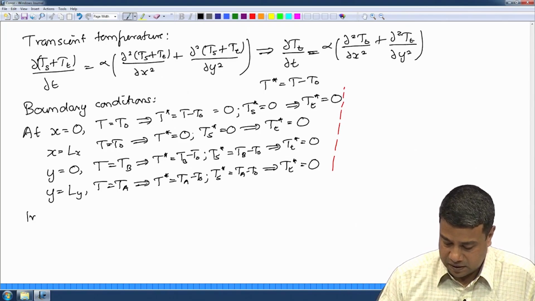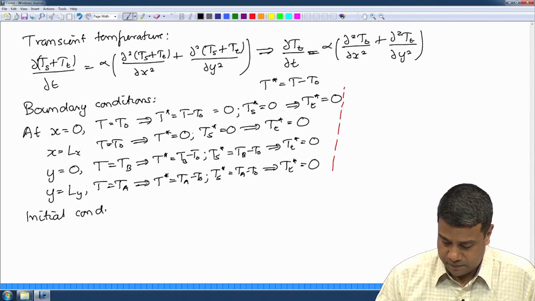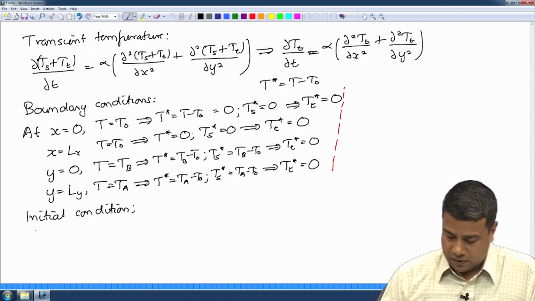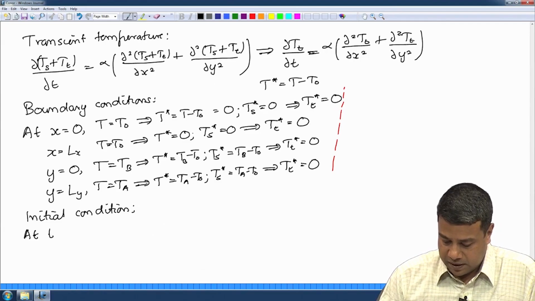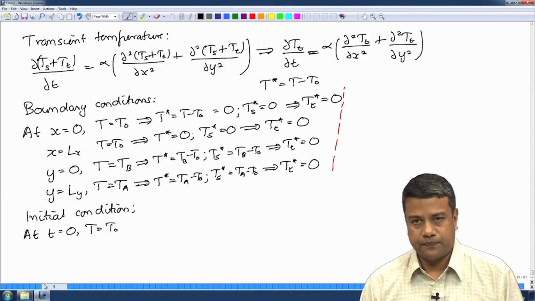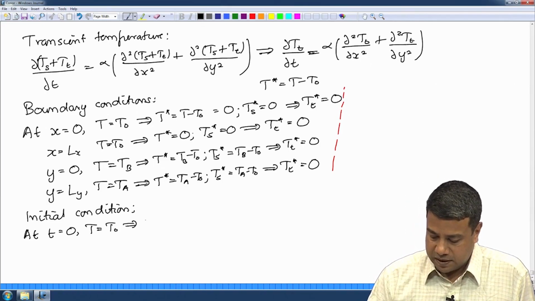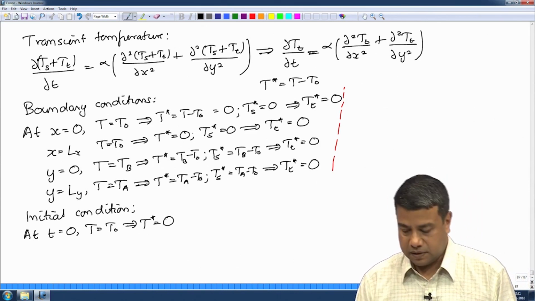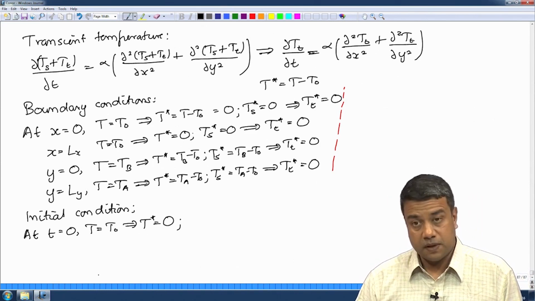So, if I write the initial condition, I know that at t is equal to 0, the temperature is equal to T naught everywhere, which implies that T star is equal to 0 everywhere. The steady part is independent of time.